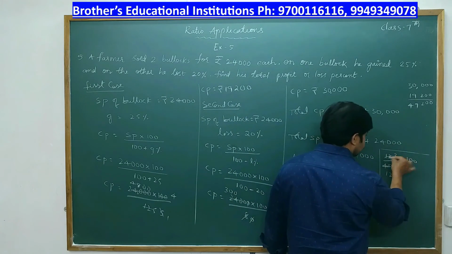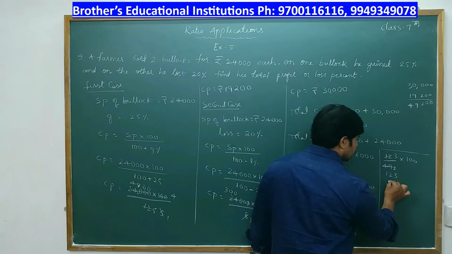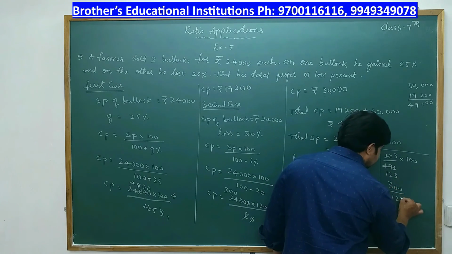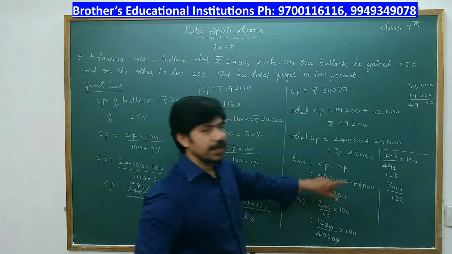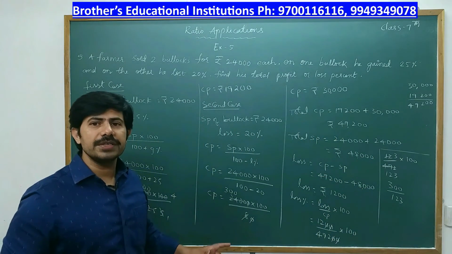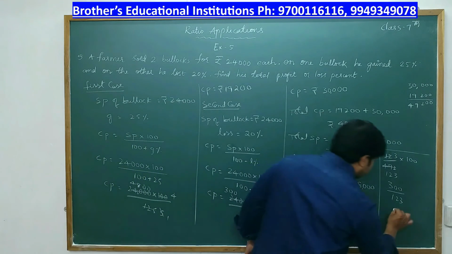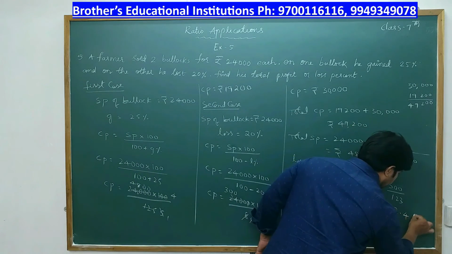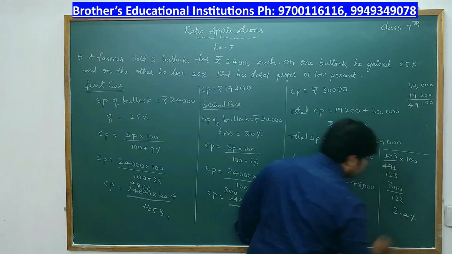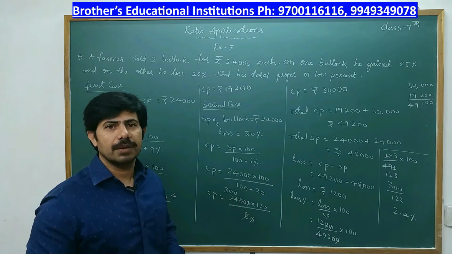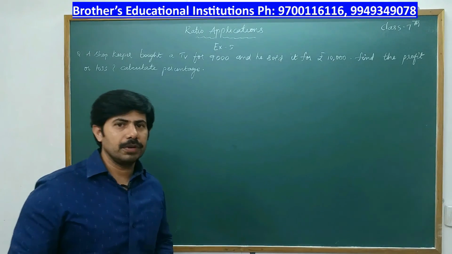So we get 300 by 123. If you divide 300 by 123, we get approximately 2.4. So the loss is approximately 2.4% on this whole transaction. So this is completed. Next problem.